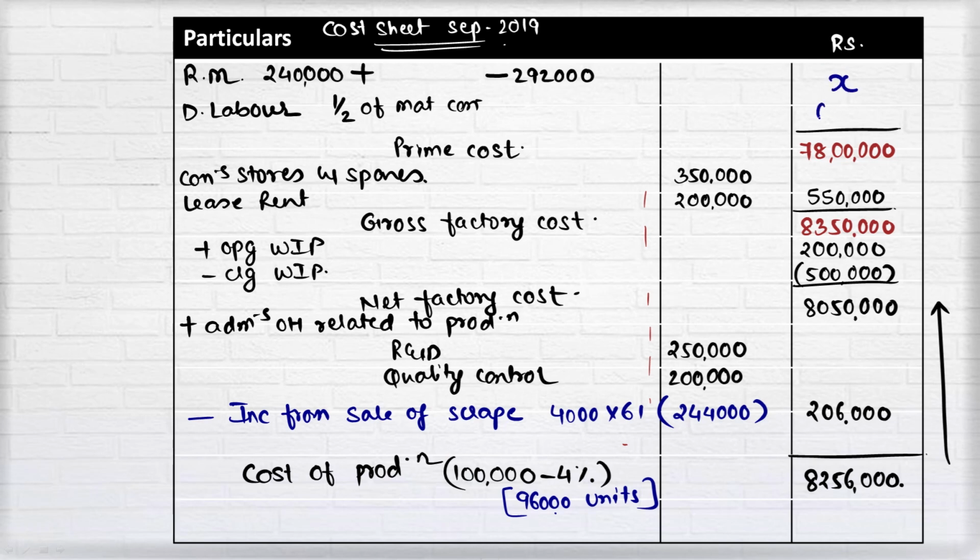Yes. Then this will be 0.5x. Whatever you like, it is absolutely all right. Can I write down 1.5x is equal to 78 lakhs? Yes or no? X plus 0.5x is how much? 1.5x is equal to 78 lakhs.